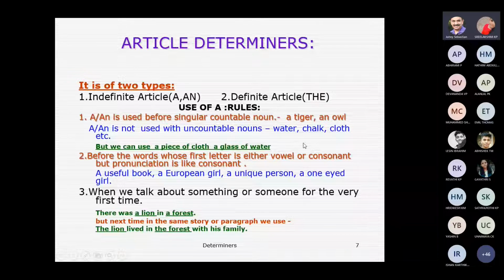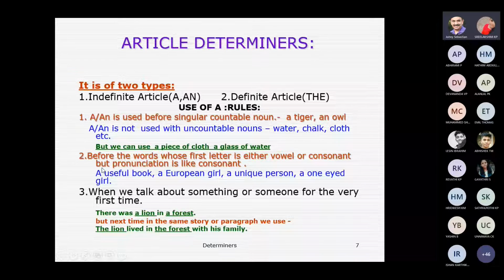Now, before the words whose first letter is a vowel but the pronunciation is like a consonant. You see, a useful book. Here, U is actually a vowel, but when you read useful, it begins with 'you'. So this sound is a consonant sound, and therefore we have to use a, not an.